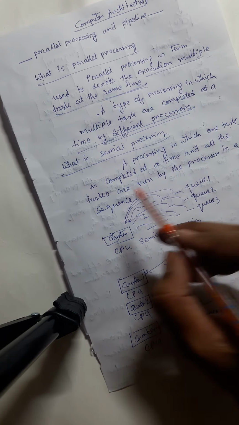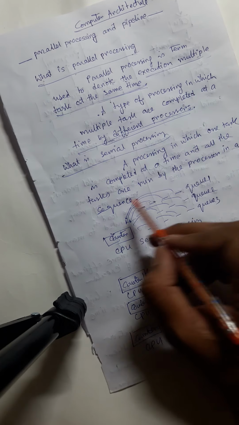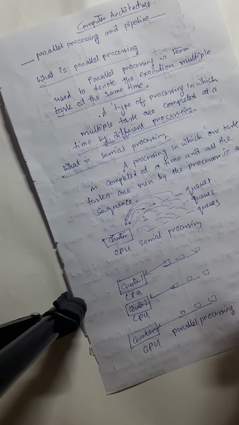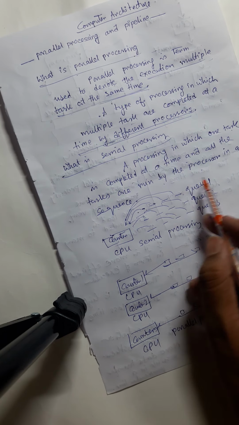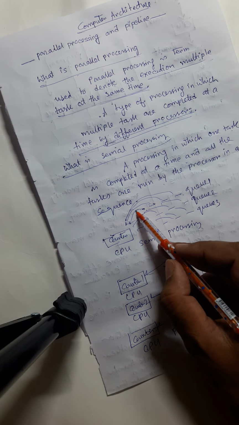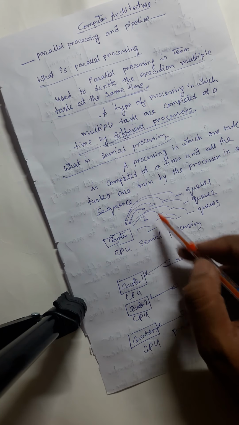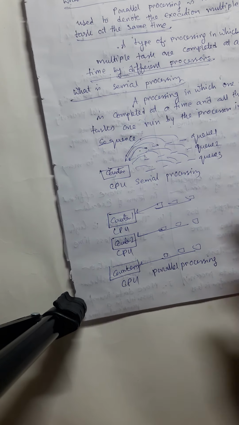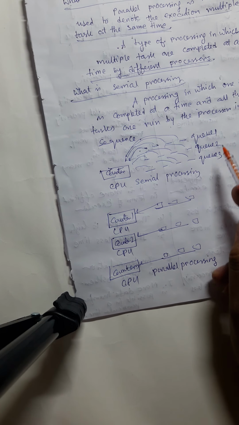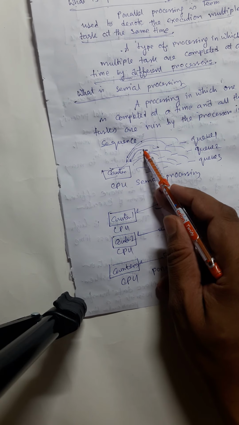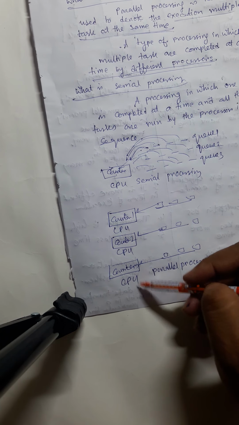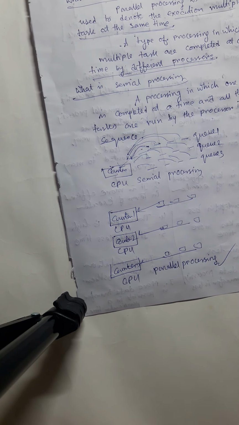In serial processing, one task is completed at a time and all the tasks are run by the processor in a sequence. Suppose people stand in a line, there are many queues, and one item is executed by a counter, one person's work at a time, so one CPU is there. In parallel processing, there are many queues and many counters, many CPUs. That's why it is called parallel processing.